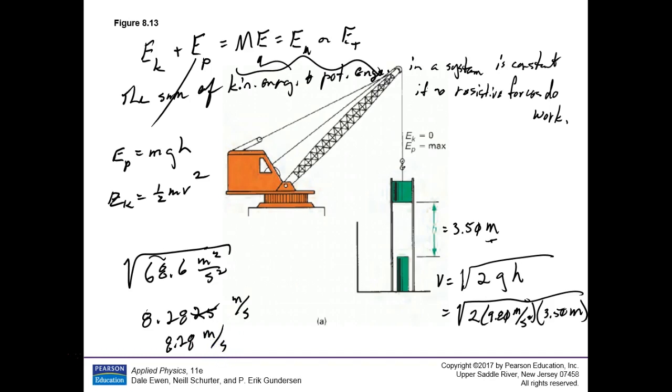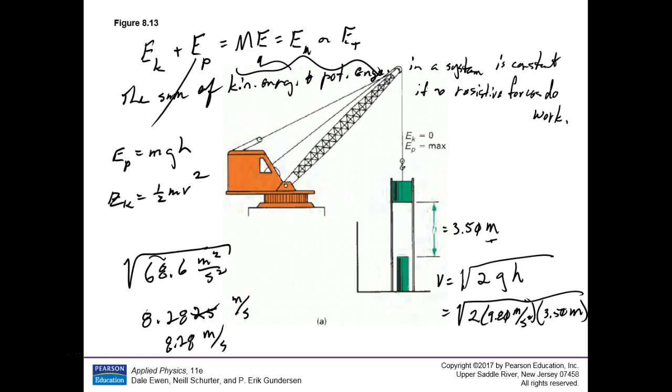Why do you drop it rather than put zeros in? Because you're to the right of the decimal point. If you put zeros in there, they become significant. You just drop anything to the right of a decimal point. If you're left of a decimal point, you have to keep your zeros in place. So that's 8.28 meters per second. It's going pretty fast for something that heavy.